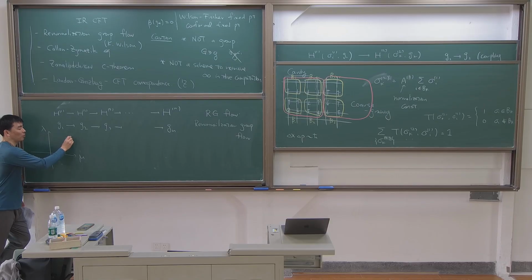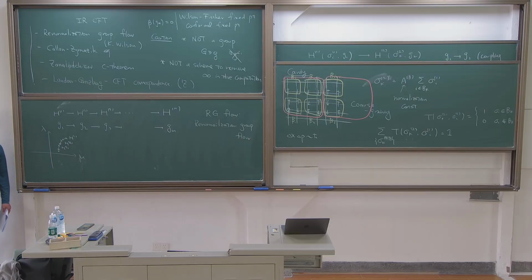This is point 1, H1. Then if you integrate over, you may get H2 and so on, and then H3 and so on. You move through the space of Hamiltonians, or the space of coupling constants, by just averaging over.